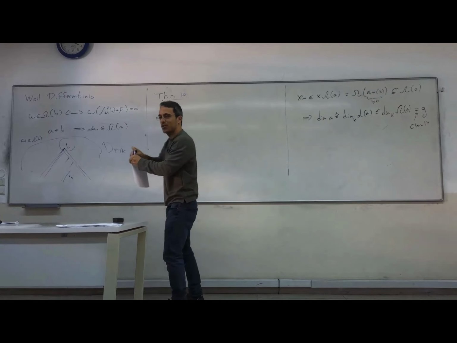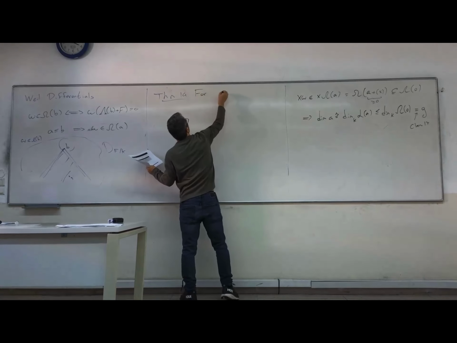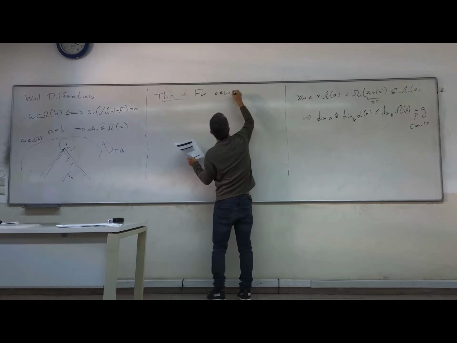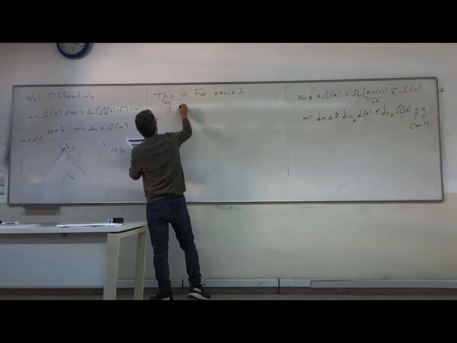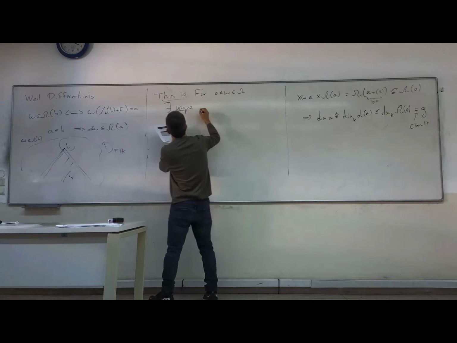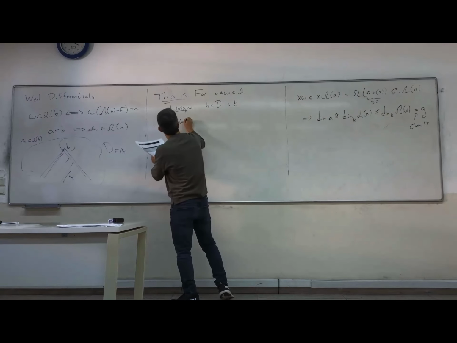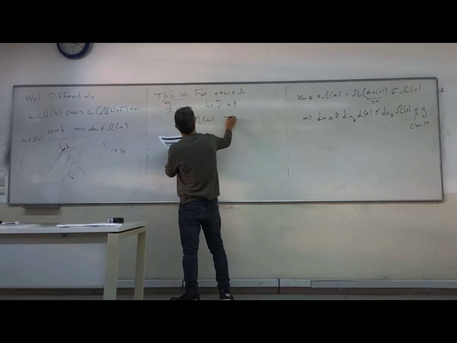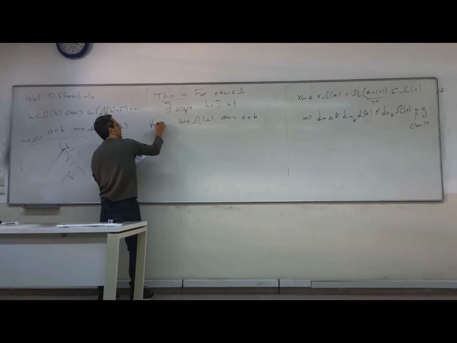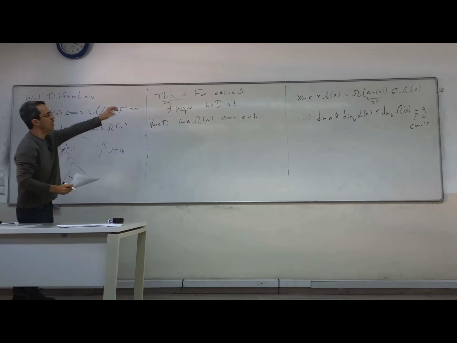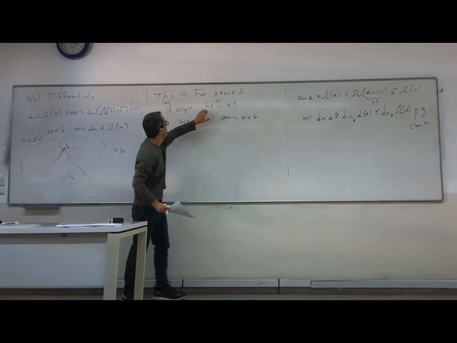So for every non-zero differential, there exists a unique B. For every differential, there is a divisor, and it's unique.